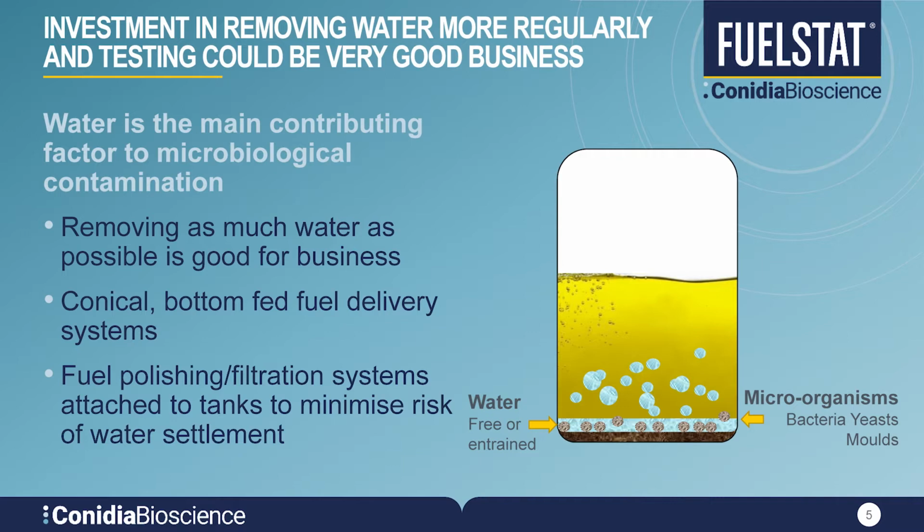Because water, the organisms that cause microbiological contamination, and potential other contaminants such as particulates are usually found at the bottom of fuel system tanks, ideally future fuel systems would be of a conical, bottom-fed fuel delivery design with built-in fuel filtration or fuel polishing systems to help reduce water and particulate settlement by agitating the fuel and helping to keep it as clean as possible.